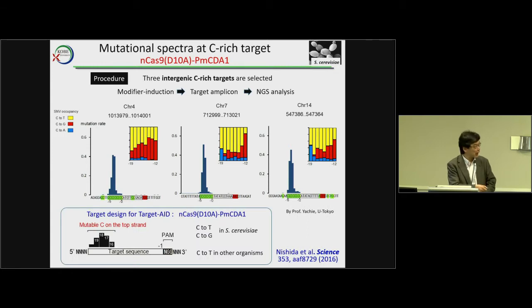We can summarize like this. Around -18, we have a very narrow window for the mutations, mostly C to T mutations. But in the case of Saccharomyces cerevisiae, this is a special case because of special BER mechanisms. In addition to C to T, C to G can also happen. So there are very specific mutation spectra and mutation tendencies.